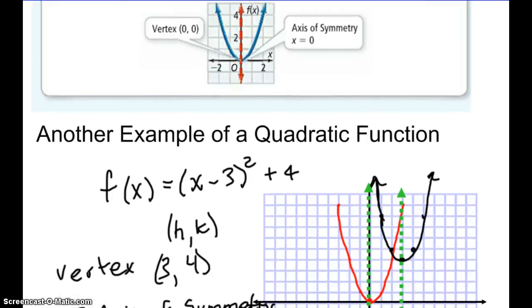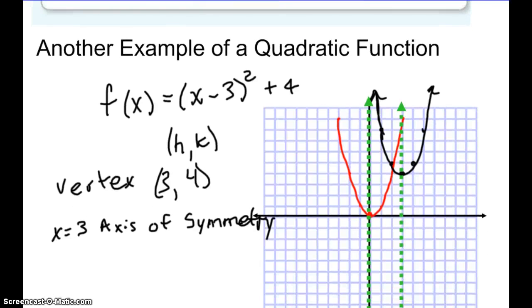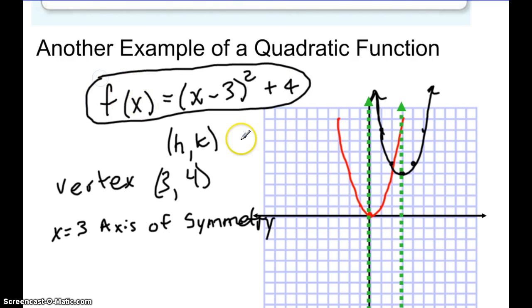Let's go down and take a look at another example of a quadratic function. Here we were asked to graph this function right here. What I did was draw in red the parent function, y equals x squared.